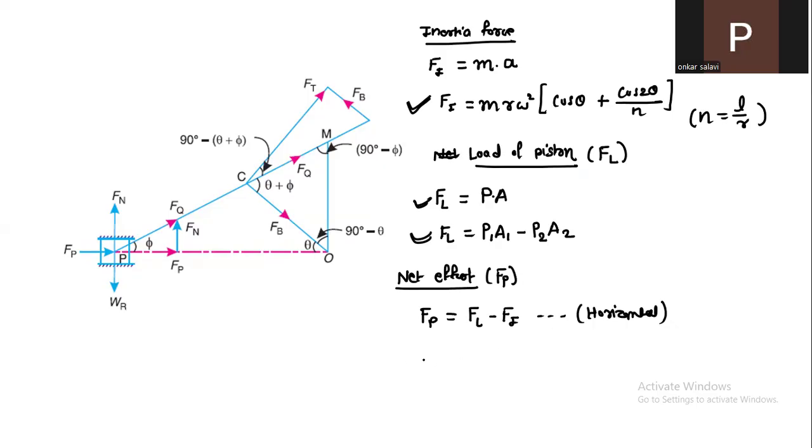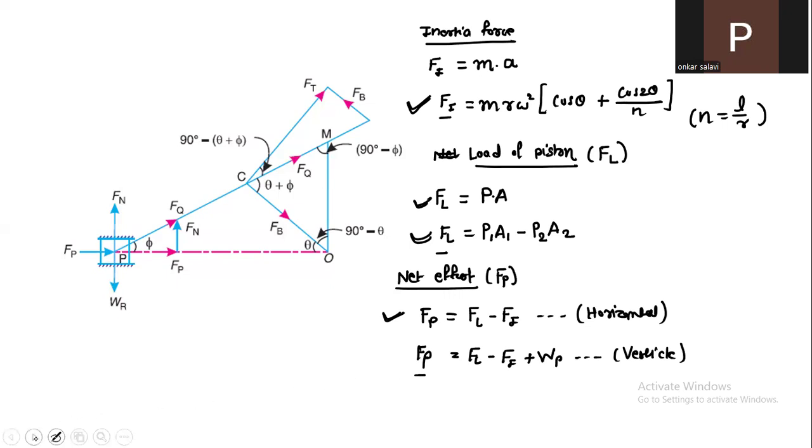If the engine is vertical, then we have to consider the weight of the piston, so it is FL minus Fi plus the weight of the piston. This is the formula for net effort Fp. This Fp will get transmitted along the connecting rod and on the crankshaft. But basically, we should know these three formulae: one for Fi, second for FL, and third for Fp.